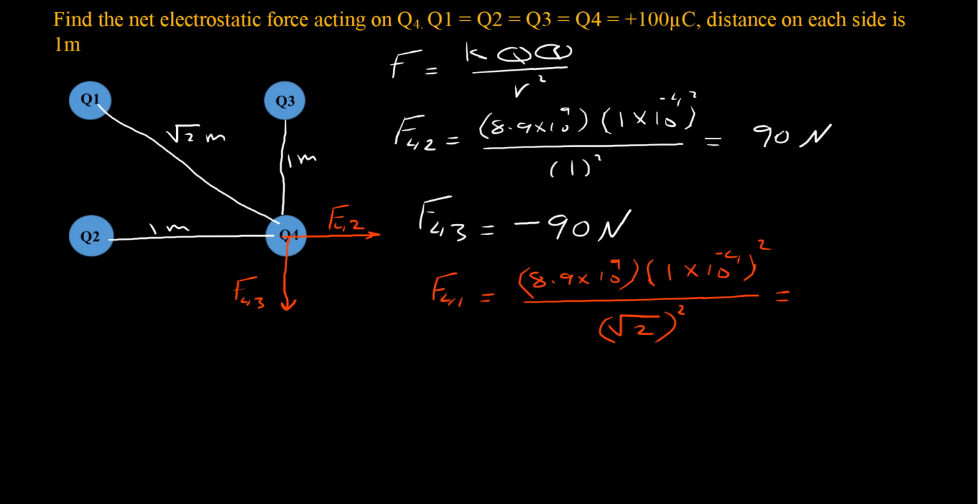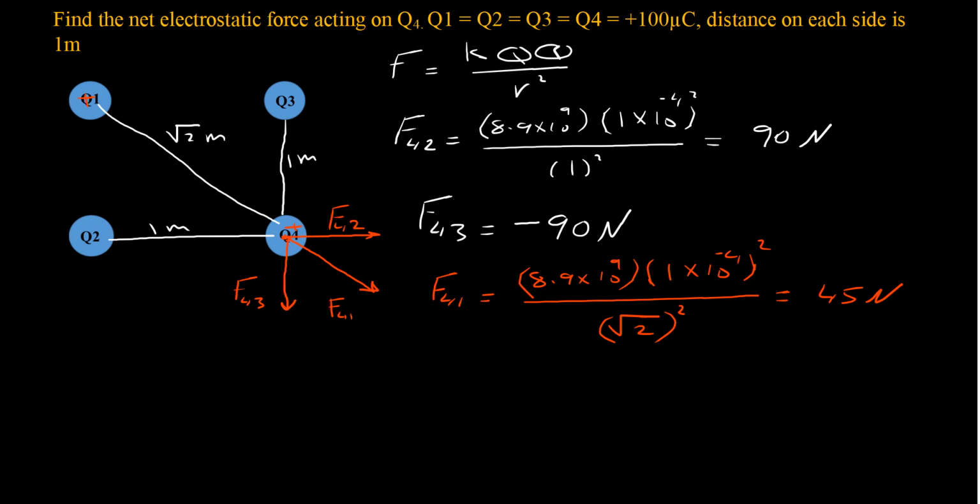Now when we do the math, it should give me 45 Newton. All right, now where is the direction of F41? Again, Q1 is positive and Q4 is also positive, so it will be repulsive. I'll start from my target here, and that's the direction of the electrostatic force on 4 because of 1.